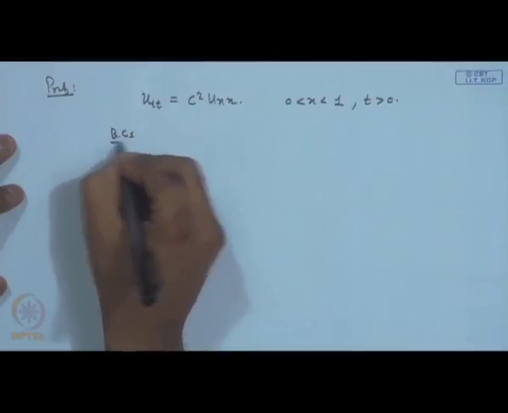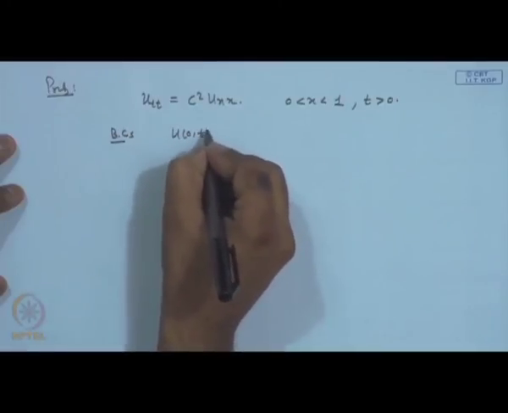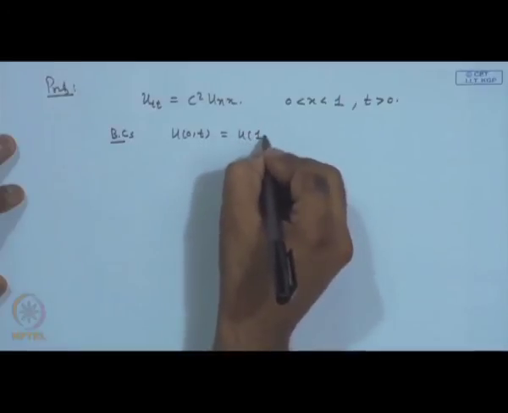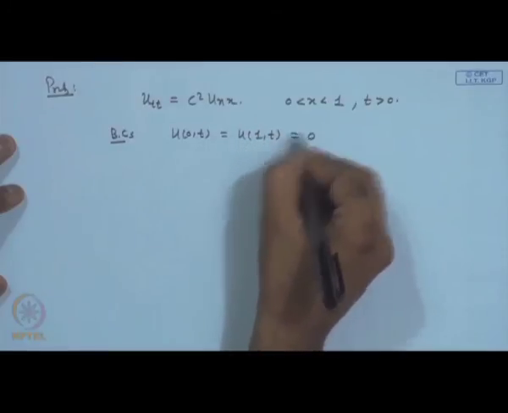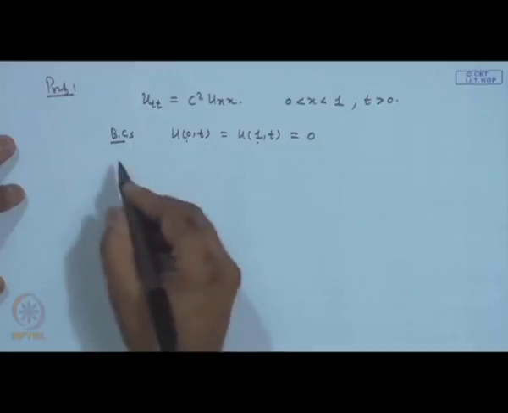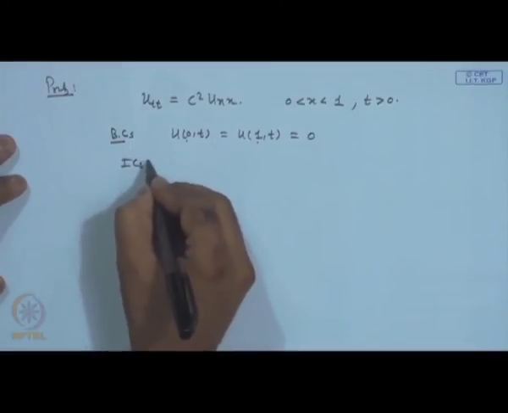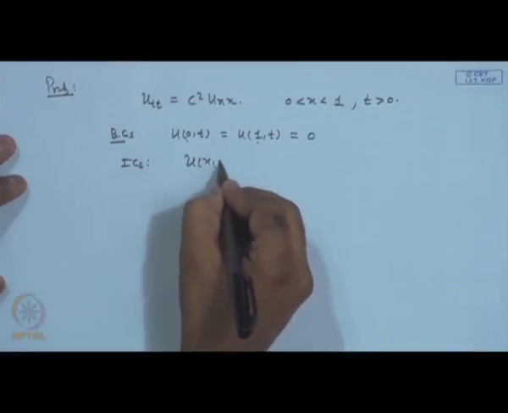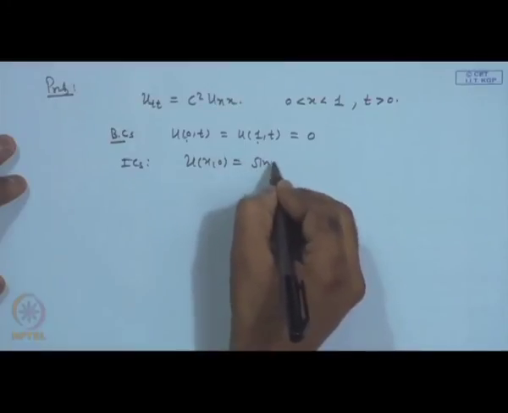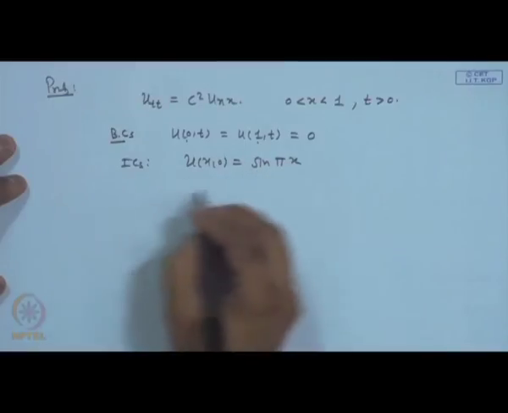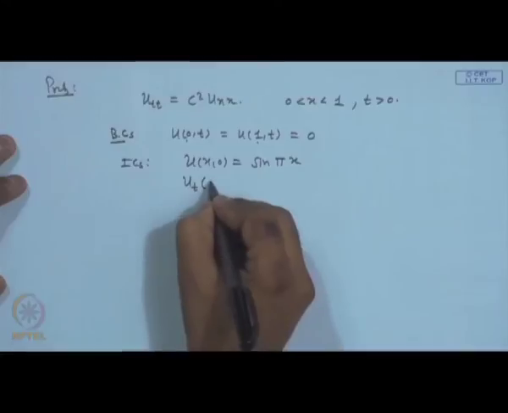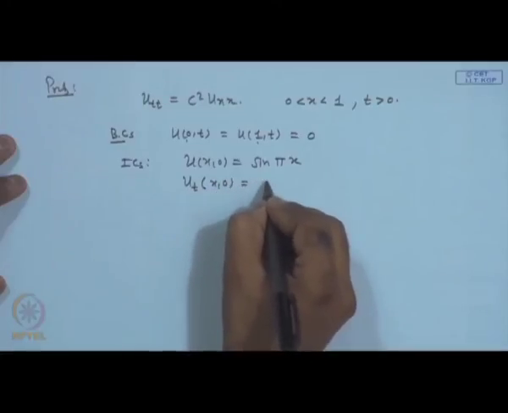The boundary conditions are u(0,t) and u(1,t), so at this and this end it is 0, and the initial conditions are u(x,0) is sin pi x, and we have u_t(x,0) is 0.